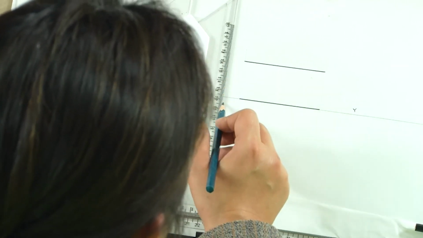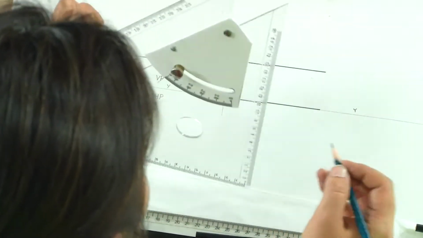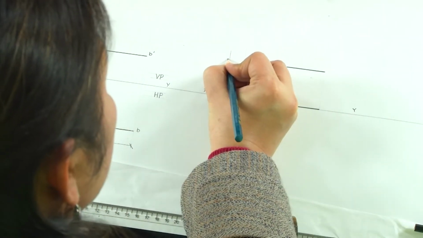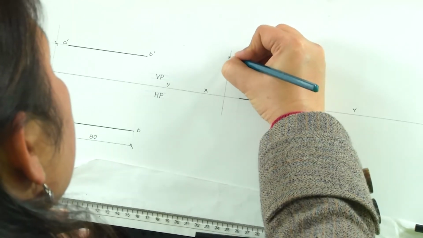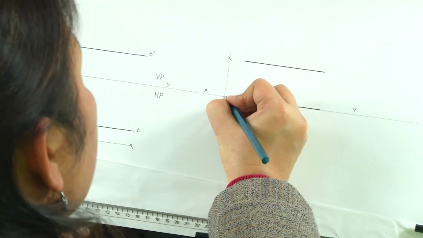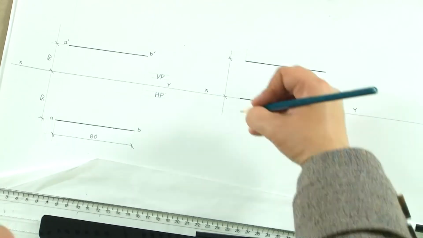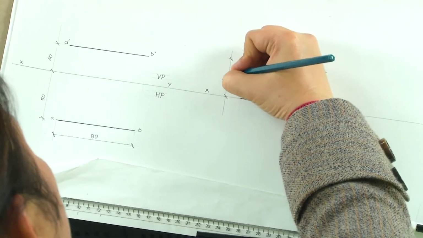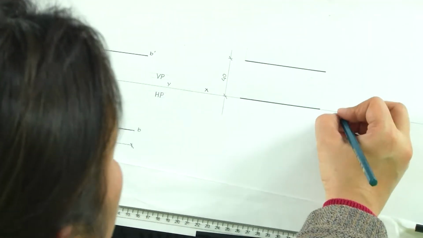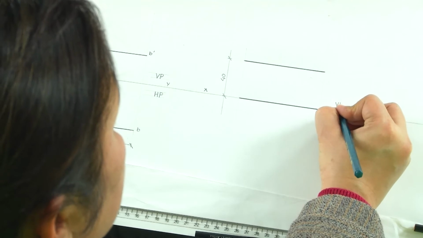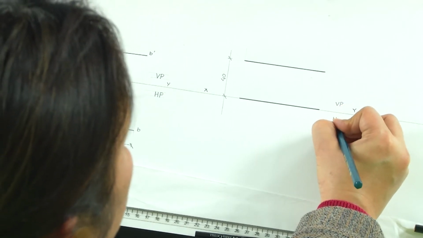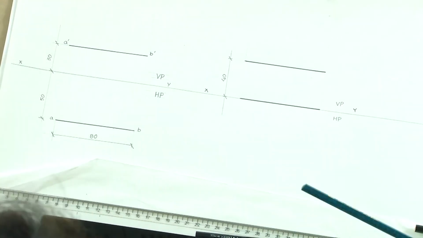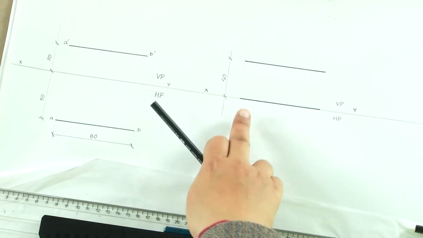And now we will mark the dimension, which is 40 mm from HP. This is 40 mm above HP. Again, it is VP and HP here, and we would also write the nomenclature.